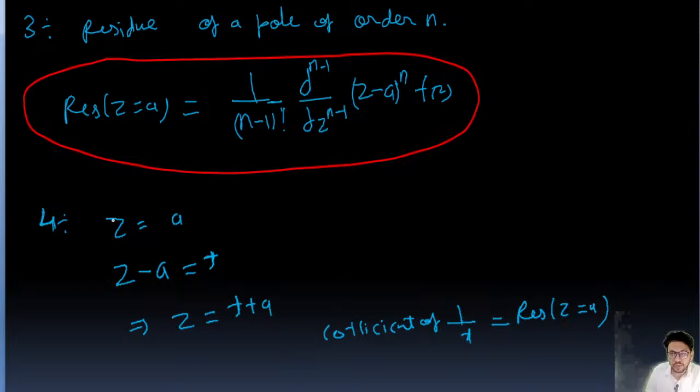So what we are going to do is we'll put z minus a equal to t. We consider z minus a equal to t, then the value of z is going to be t plus a. We'll put the value of z, and then the coefficient of 1 upon t is going to be the residue at z equal to a.